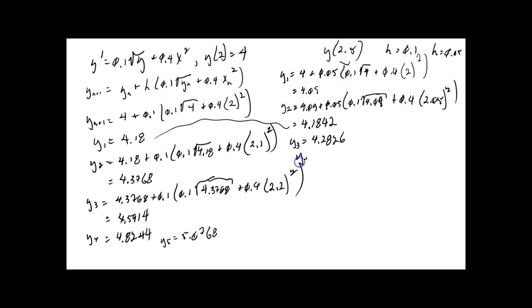Okay, y sub 4, which corresponds to your y sub 2 before. I'm having a hard time following in the book. 4.3854. Now that corresponds to y2 before, and again, you see that you're leading it a little bit.